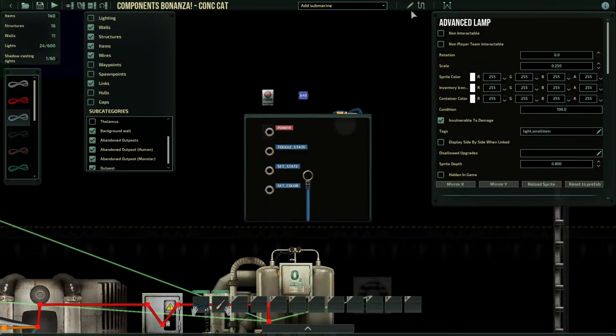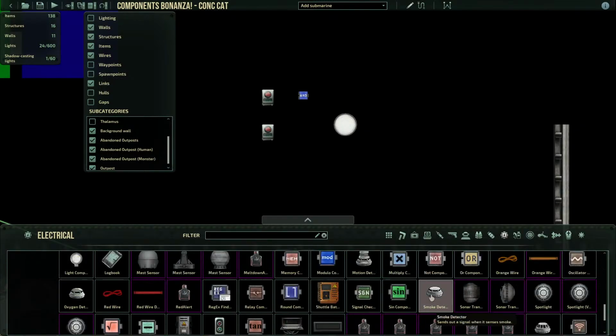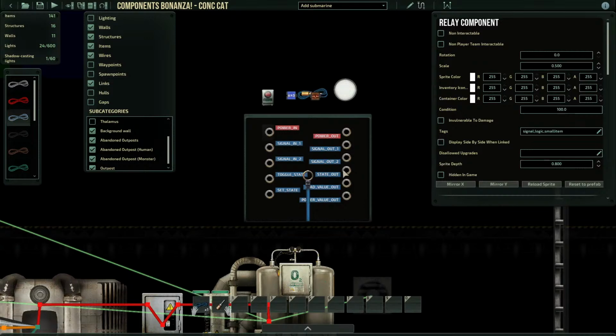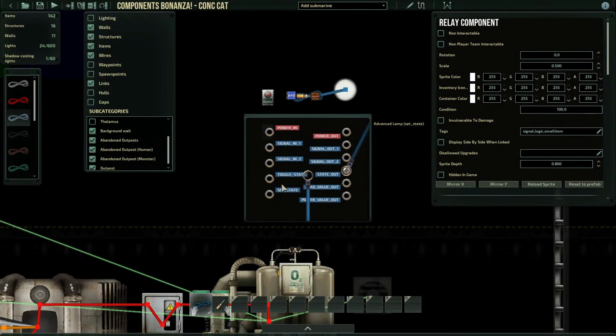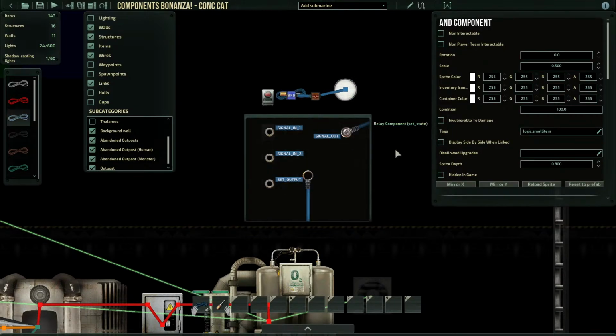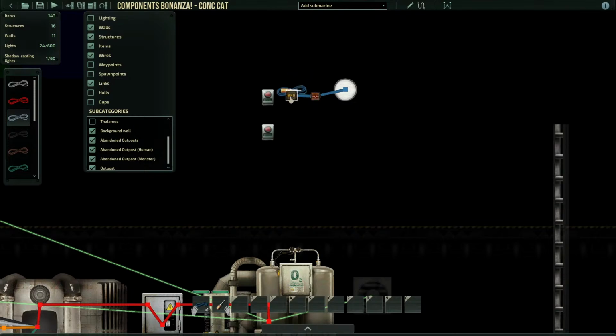Drat. That's what I was going to do. That's why I was looking at the relay earlier on, because you can put a relay in here. And instead of controlling the lamp directly, connect the lamp to the state out of the relay, to the set state. We're going to define this over here to have a 0 output when it doesn't get its true condition.